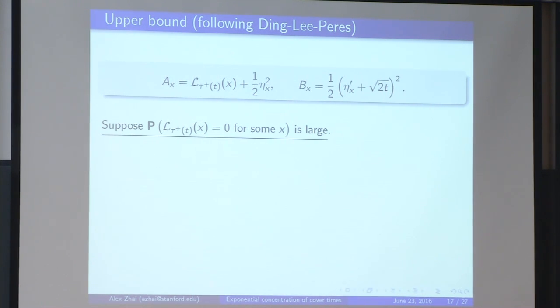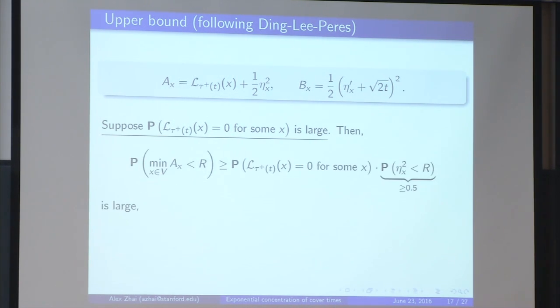Then that means I haven't gotten to the cover time yet, and I'm going to try to show that this means that t has to be pretty small. This is another way of saying that the cover time can't be too large. Okay, so how does this argument work?